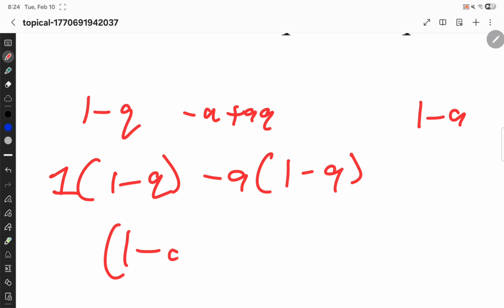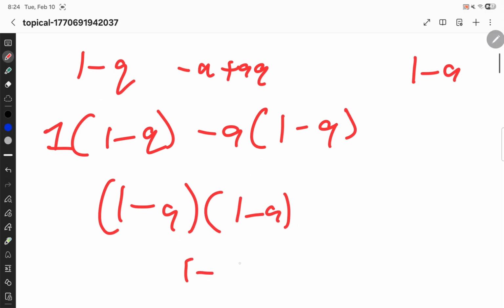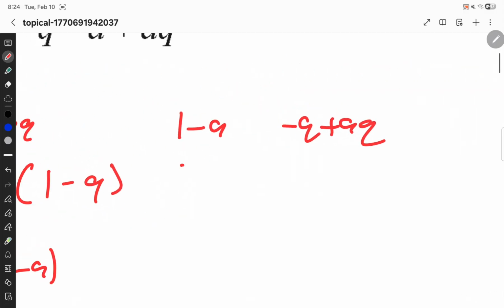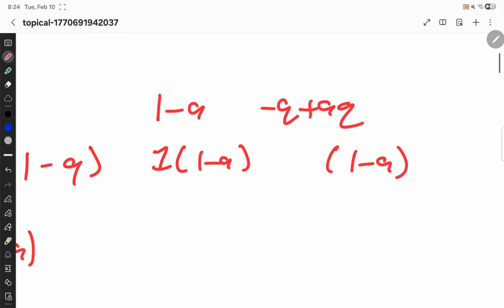Next is writing it into brackets. The first bracket is going to be the common term. The second bracket is going to be the outside terms adding. Obviously 1 plus negative a is equal to 1 minus a. So that's right. Here we have the same argument. 1 is common in the first term, so we have this common in here.